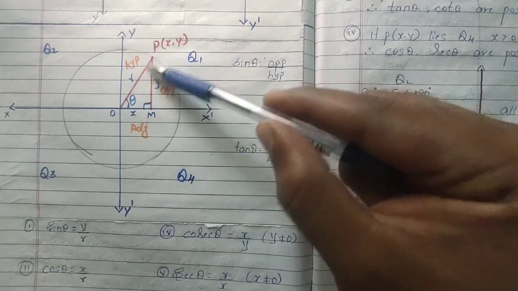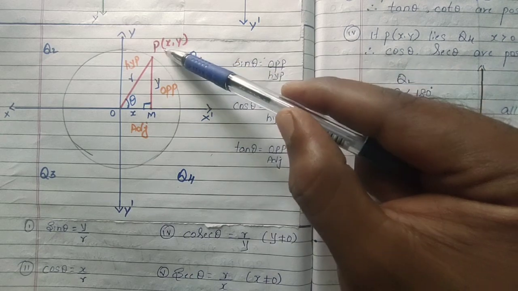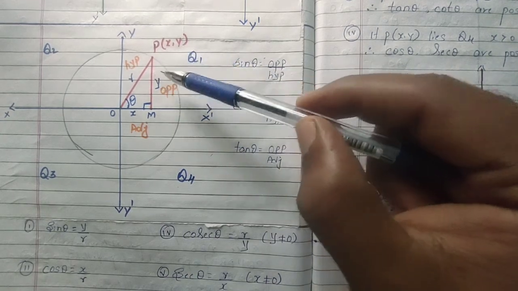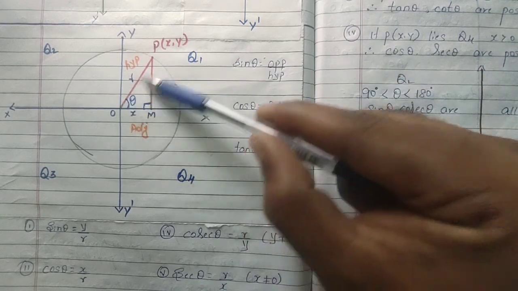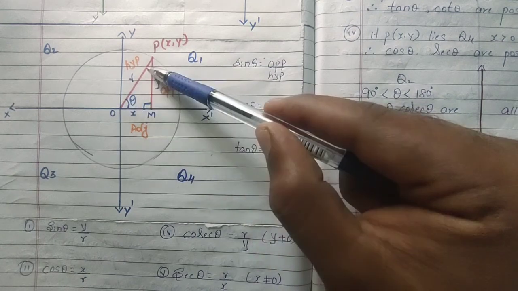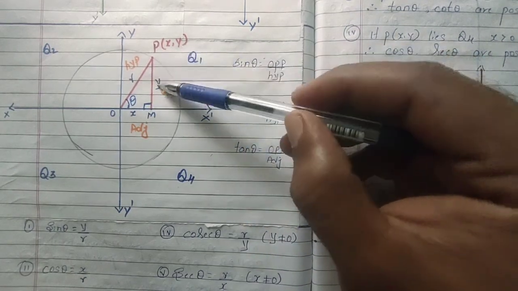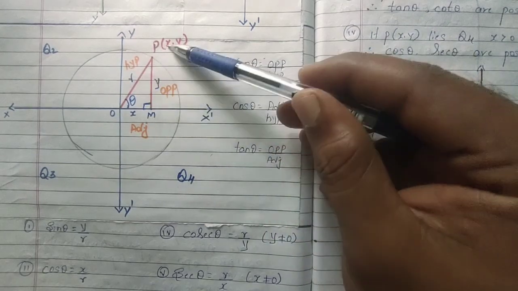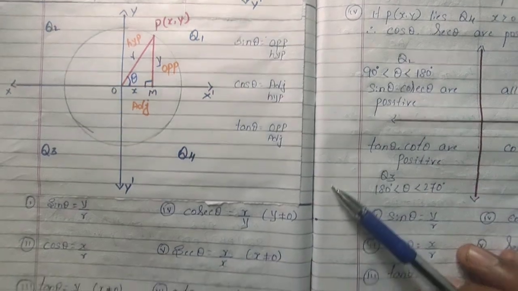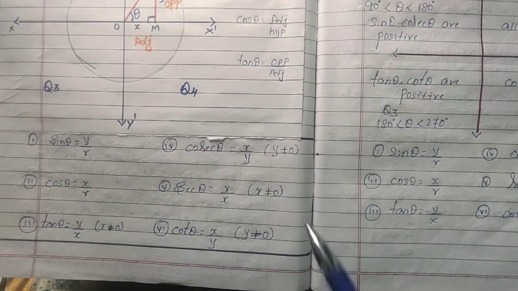Suppose this terminal ray lies in the first quadrant, here both x and y coordinate points are positive in the first quadrant, and radius also always positive. Radius is nothing but distance, no? It is always positive. So all these x, y, r, all are positive. That implies all these 6 ratios will be positive.